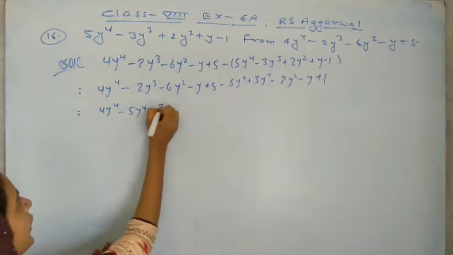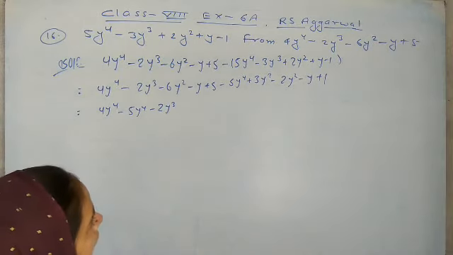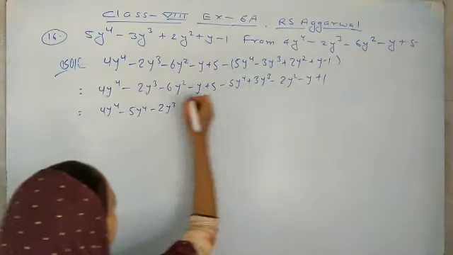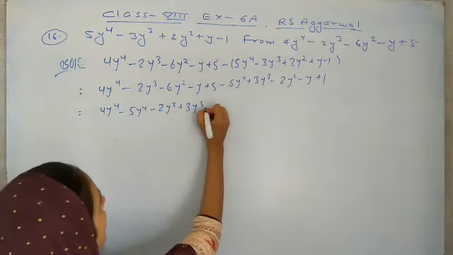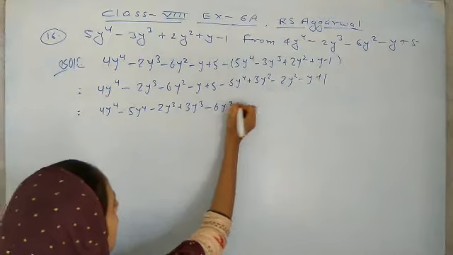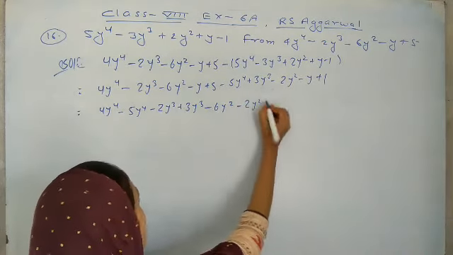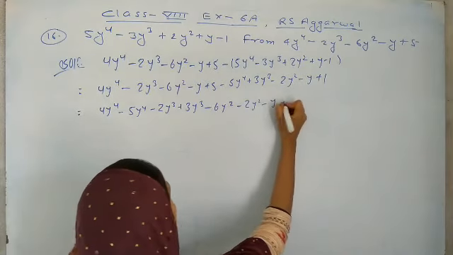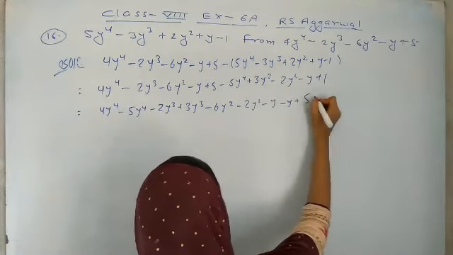Here is minus 2y cube and here is plus 3y cube. Here is minus 6y square. Here is minus 2y square. Here is minus y. Here is minus 1. Here is plus 5 and here is plus 1.